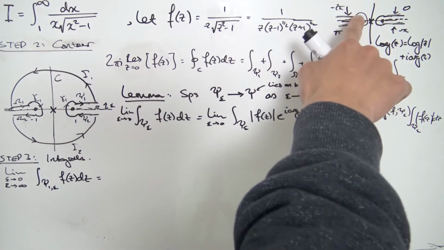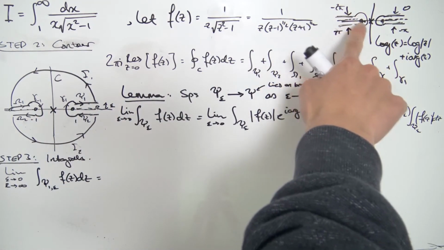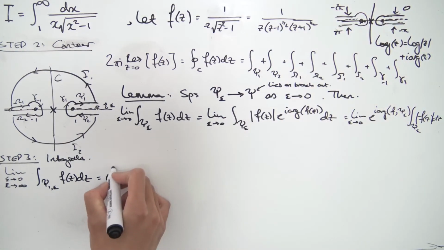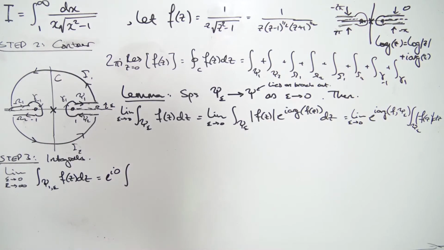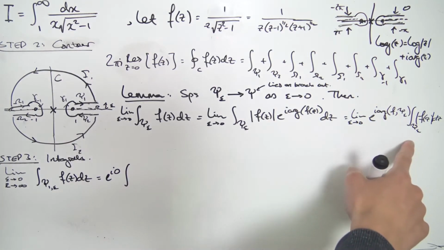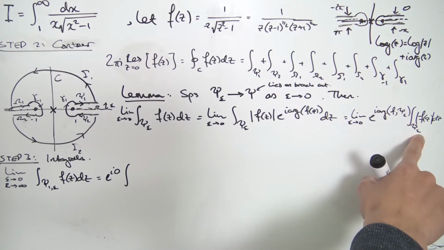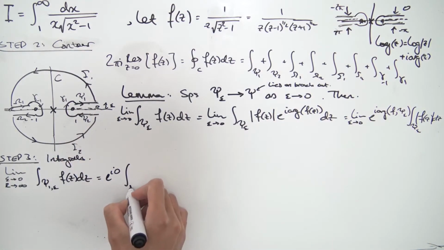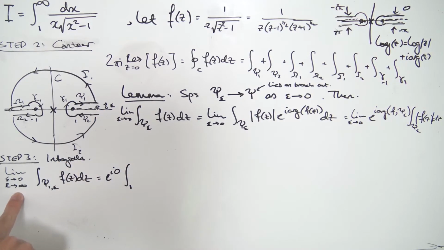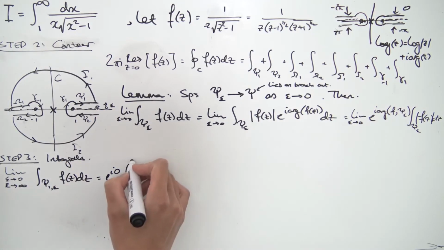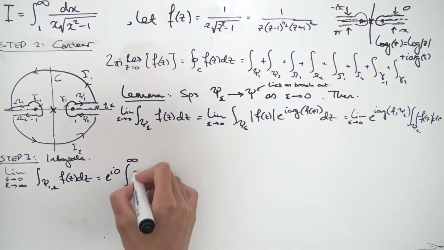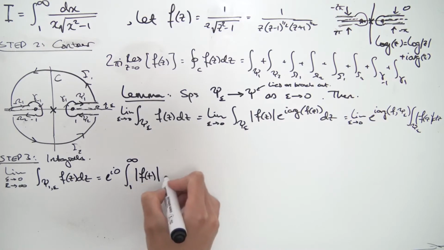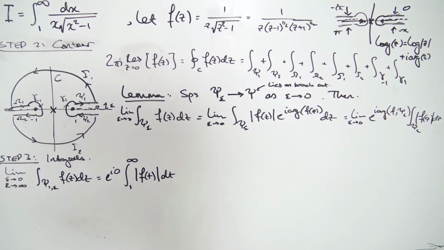From above, we establish that it approaches 0. So we have e to the i 0 out the front, and then the integral, taking the limit as epsilon approaches 0, essentially becomes the integral from 1 up to r, and taking r to infinity, that's 1 to infinity of the absolute value of f of t dt, using a new integration variable t.